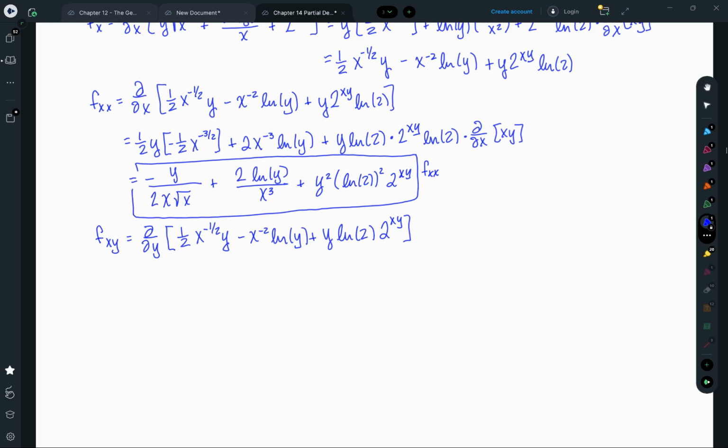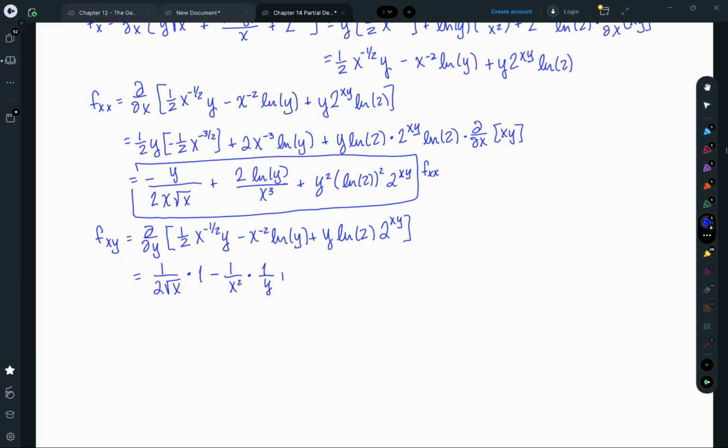That 1/2 x to the minus 1/2 could be rewritten as 1 over 2 square root of x. And then the derivative of y with respect to y is just 1. And then we have minus, well, this x to the minus 2 can be written as 1 over x squared. And then times the derivative of ln of y is 1 over y.